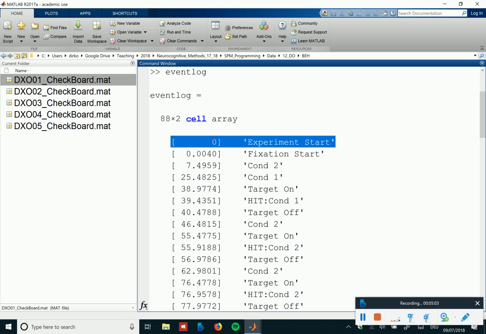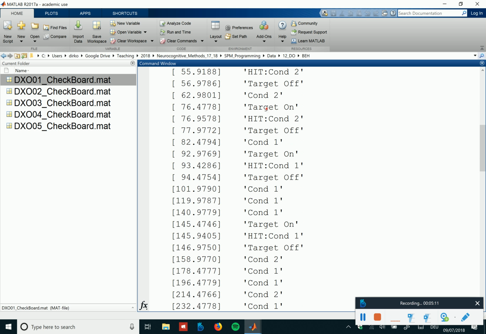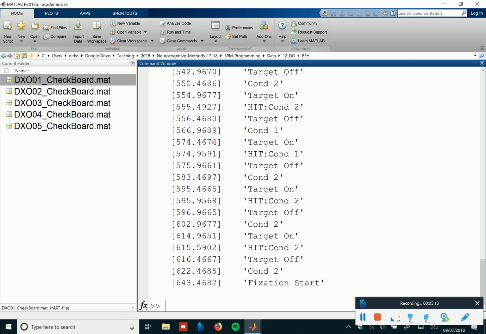So this is time here, and the run starts and the experiment starts at time 0, and then in seconds things happen during the run, and at one point there's the last event that happens in this run.